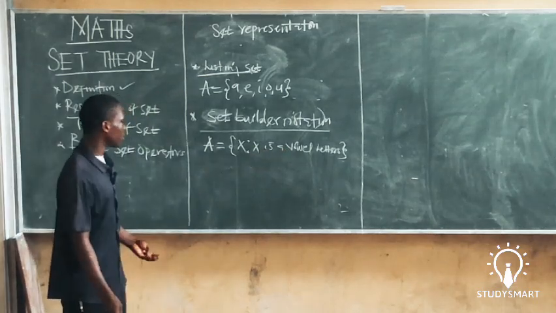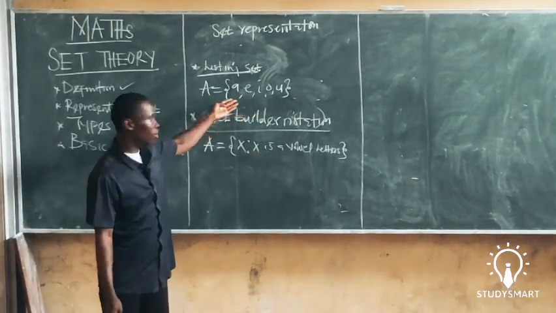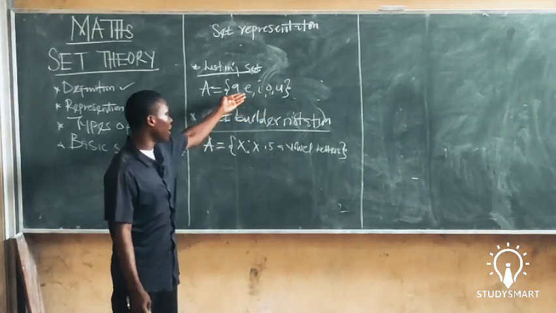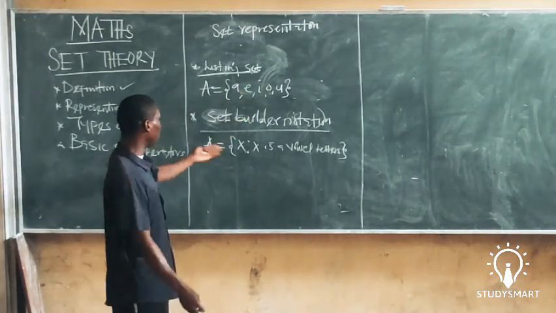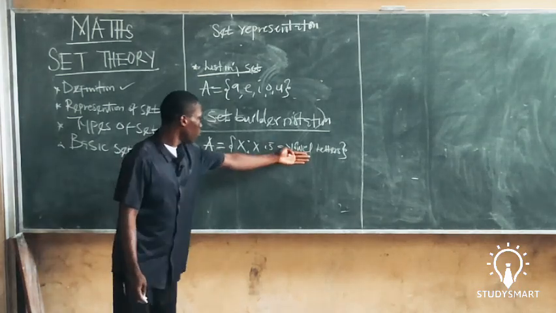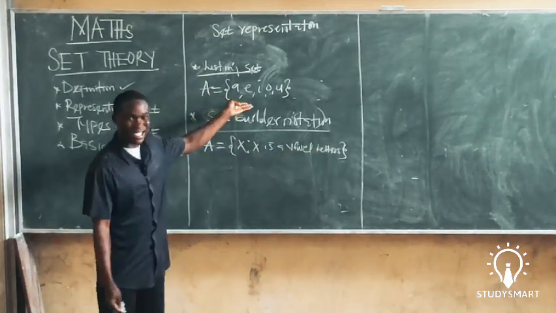What this means is that I am only going to write down these letters because these are my vowel letters: A, E, I, O, and U. So by this, we can equally use set builder notation to generate a listing set.